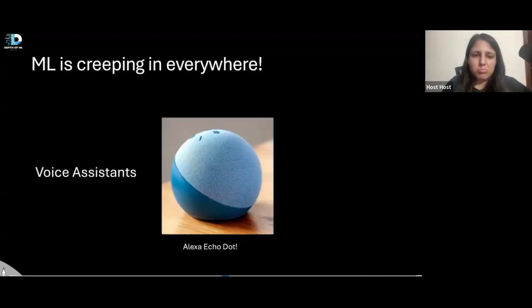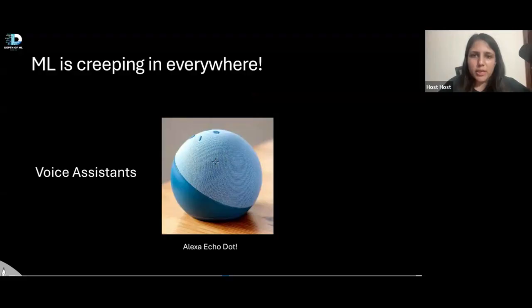Now, also, if you have seen voice assistants like this Alexa Echo Dot, ML is also used here. How does Alexa know what I am saying? And how does Alexa process whatever the audio data is, right? There is no human sitting at the back of this Alexa, right?